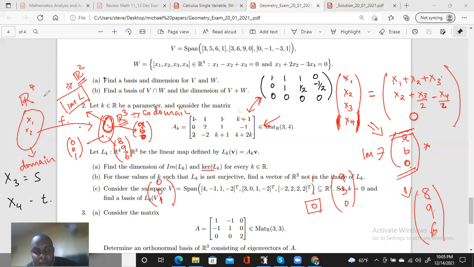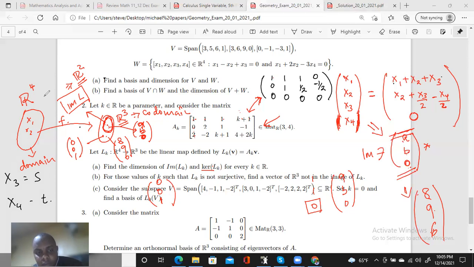But okay, here it says let LK, R4 go to R3, be the linear map defined by LK(v) equals AKv.